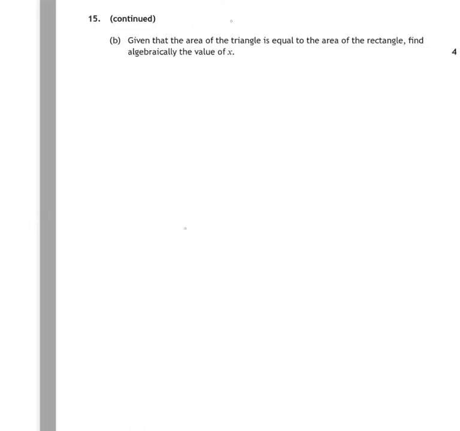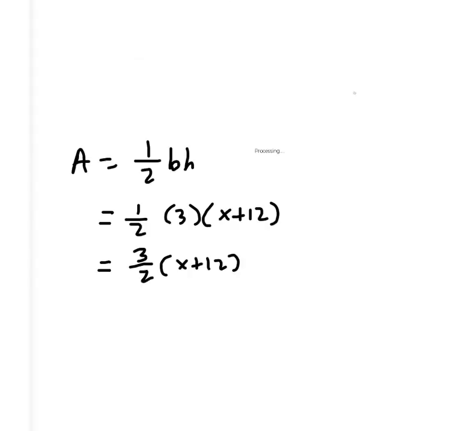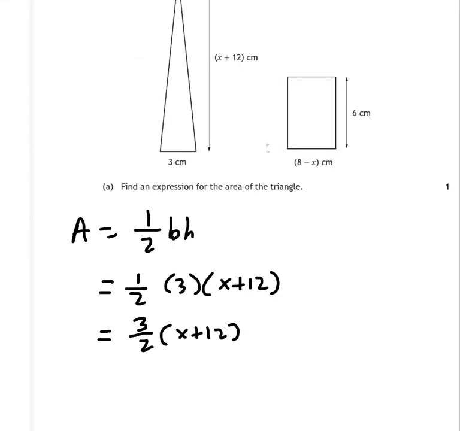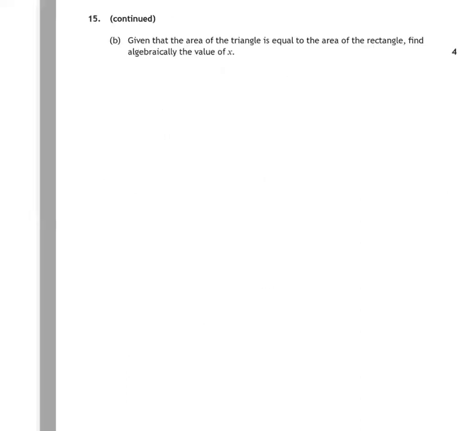And then part B, given that the area of the triangle is equal to the area of the rectangle, find algebraically the value of x. So we're told that the areas are equal. So let's start by finding an expression for the rectangle's area. That would just be 6 times 8 minus x. So I'll just write: rectangle is 6(8 minus x).